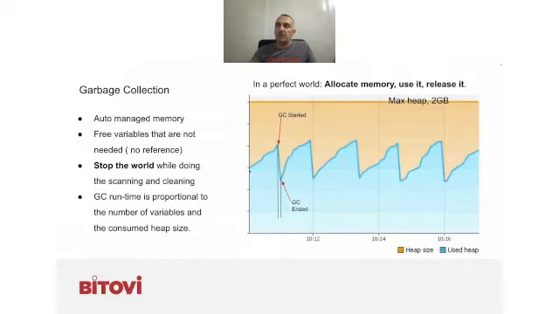When we run some code, we create some DOM elements, let's say if we're in the browser, or we serve a request in a Node.js server, we consume memory while we're using these variables. But then when we don't need them anymore, the garbage collector jumps in and cleans this memory.